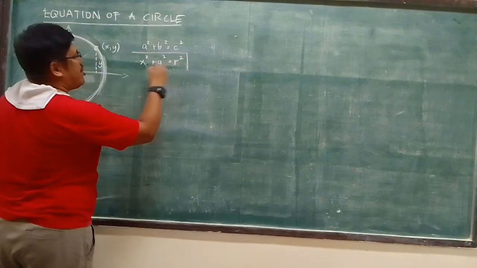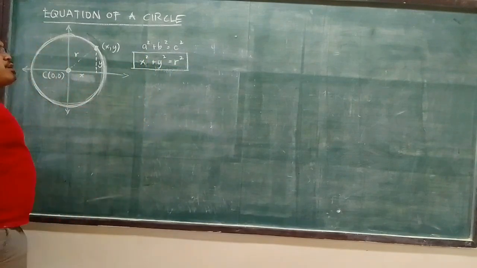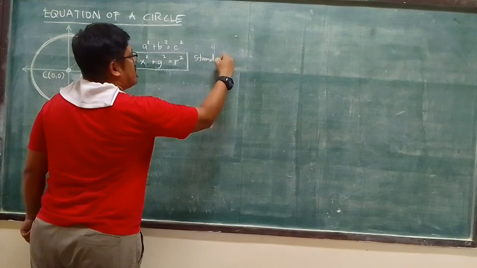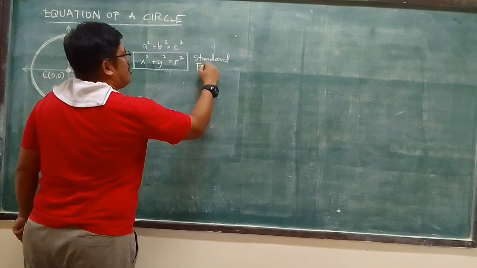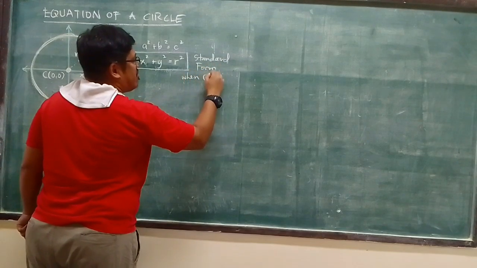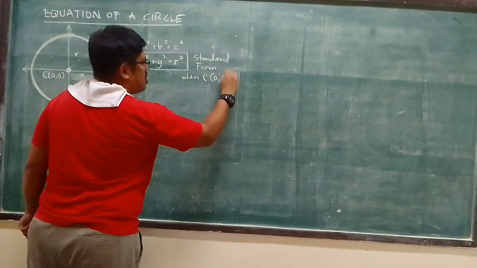And we have now the equation of your circle in standard form. Okay, so that is in standard form when your center is at (0, 0).